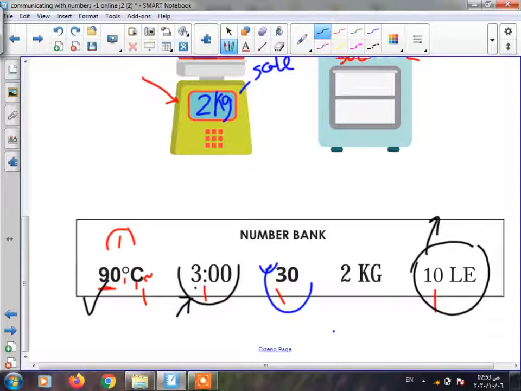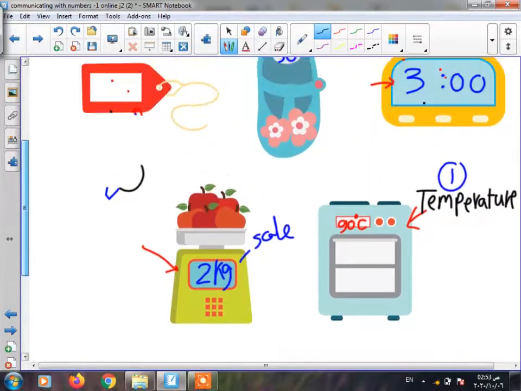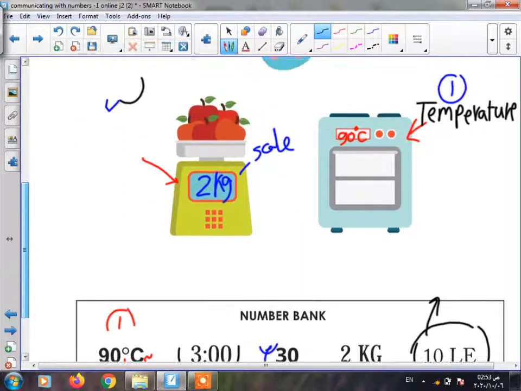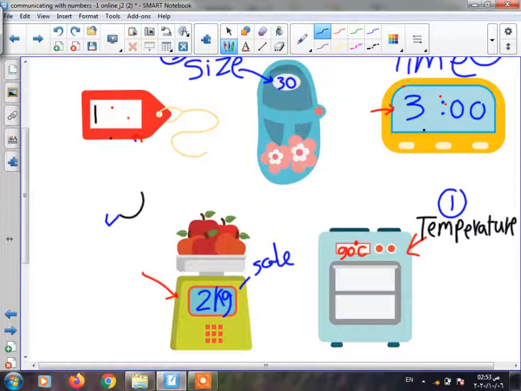What do you think? Time? No. Size? No. Temperature? No. Okay, I will write 10 LE on this sign. So it will give me information about what? About price.